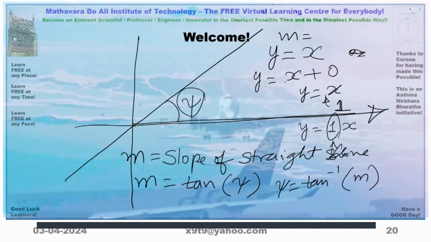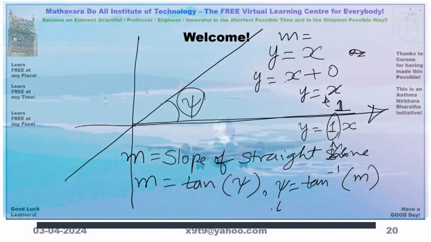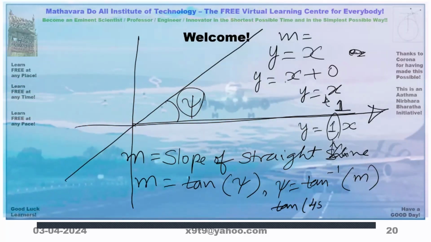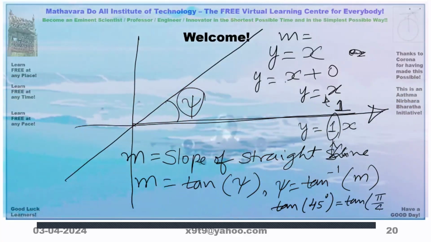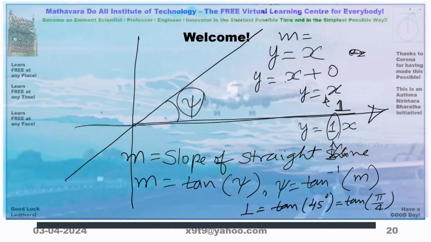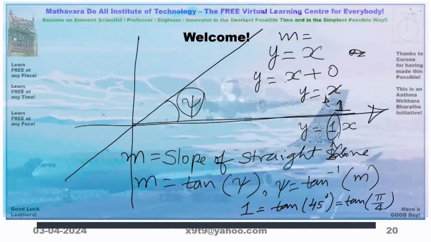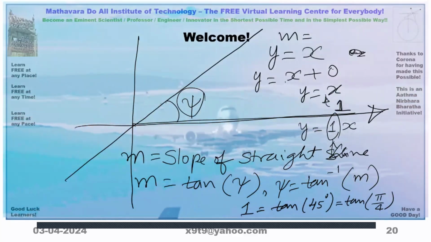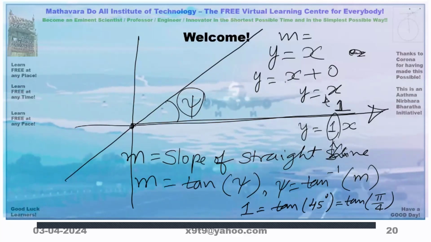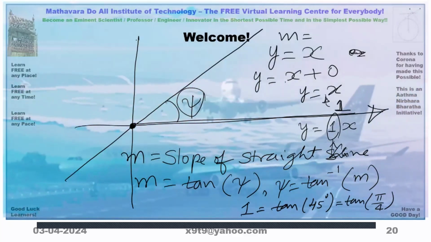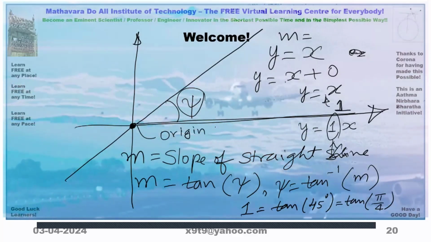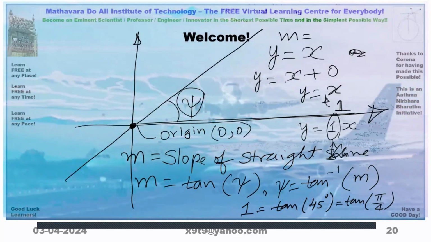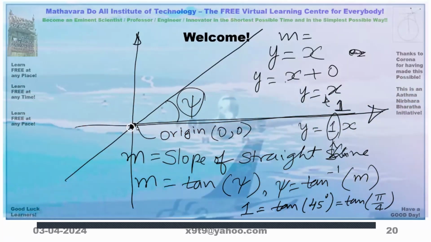So tan of 45 degrees or tan of pi/4 radians is 1. c is 0. So if c is 0, the graph passes through the intersection of the x and y axes, which is called the origin. So it is 0, 0. That is, from here move 0 along the x-axis and 0 along the y-axis.